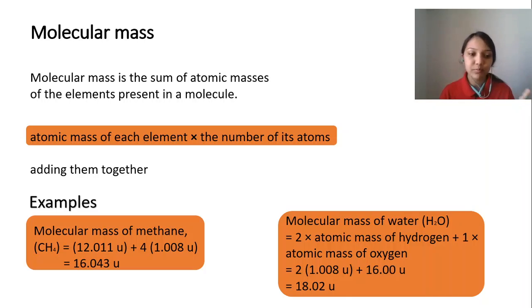The average atomic mass of carbon is 12.01 u, we just found it out, and that of hydrogen is 1.008 u, multiplied by 4, and that gives the molecular mass. For another example, in the case of H2O, twice the atomic mass of hydrogen and once the atomic mass of oxygen, and then add them up, and we get the molecular mass of water.